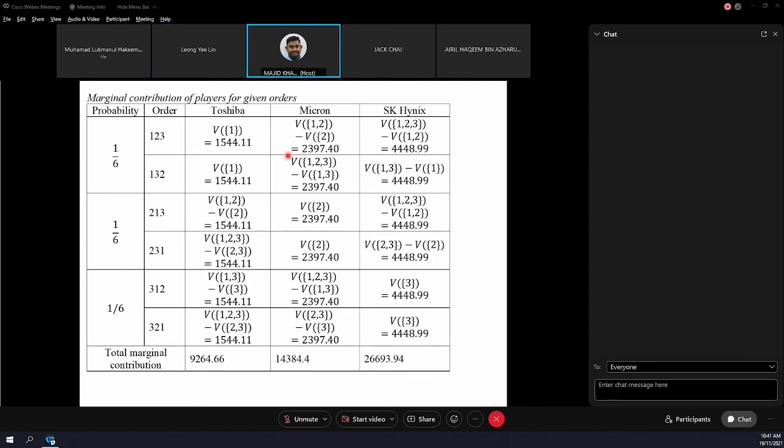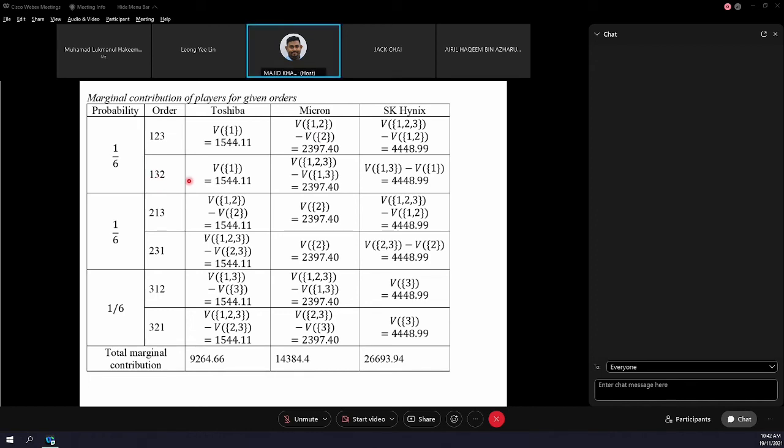So look here, everyone. The order starts with 1. Next is not going for 2. If going for 2, definitely we would have this value, V12 minus V1, not V2, V1. But here, after player 1, in order to form the coalitions, they meet player 3 first, not player 2.